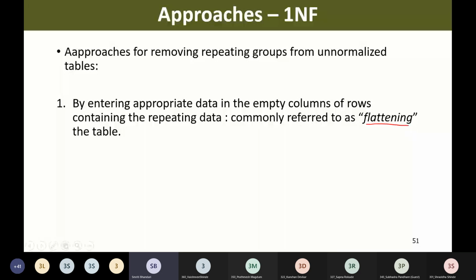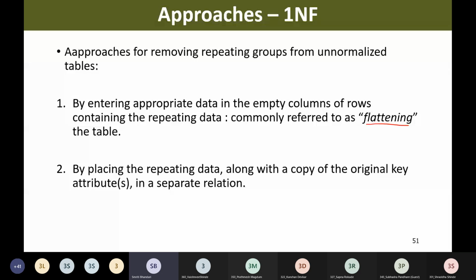And the second approach is by placing the repeating data along with a copy of the original key attribute in a separate relation. We are going to discuss how to convert the unnormalized table into 1NF by following both these approaches.